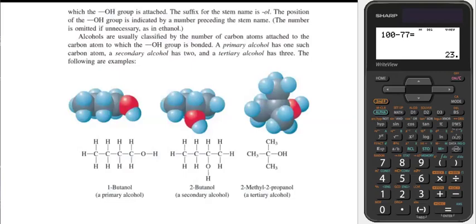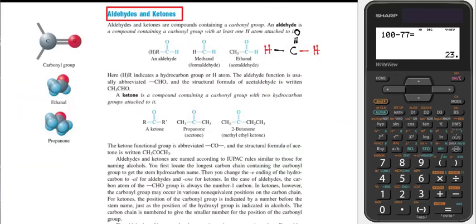Now this one, when you put a hydrocarbon here and an H here, you call it an aldehyde: methanal, ethanal, propanal.